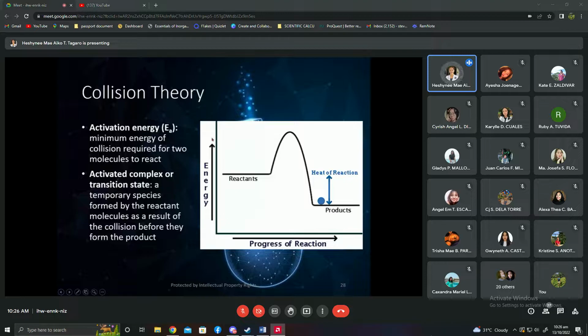So here we have a GIF showing us how reactants, when they reach activation energy where their particles collide, will then form the activated complex here and then proceed in forming the products.